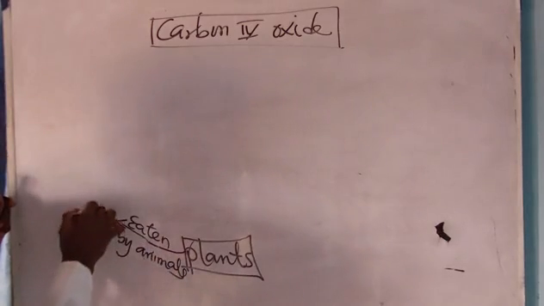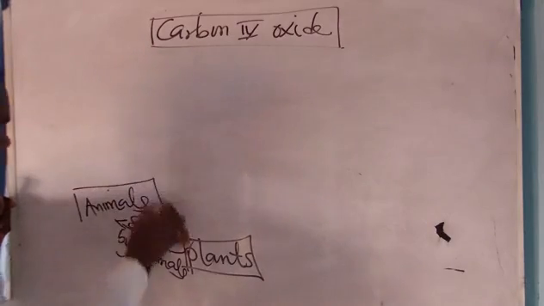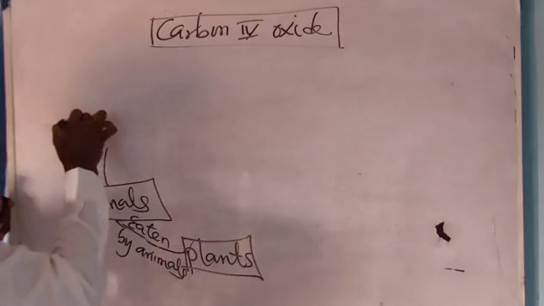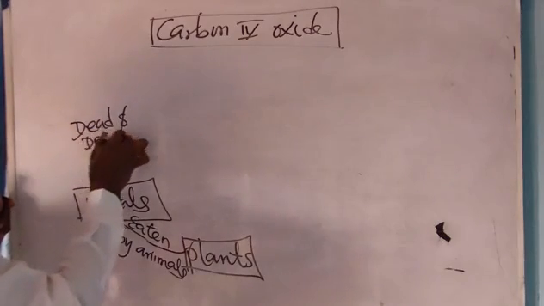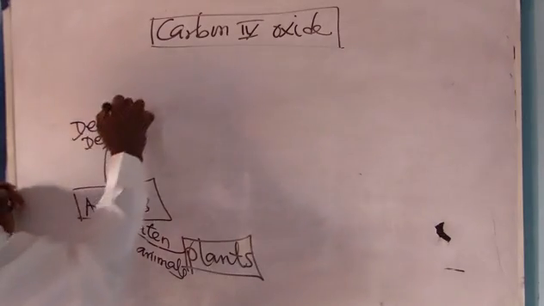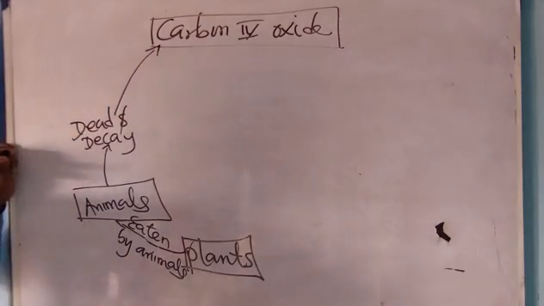You have here animals. When animals die, like death and decay, they release what? Carbon dioxide into the atmosphere.